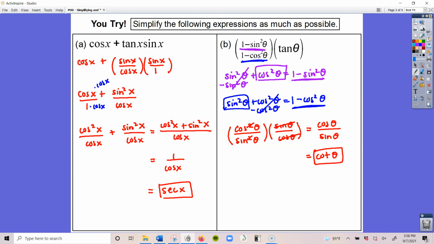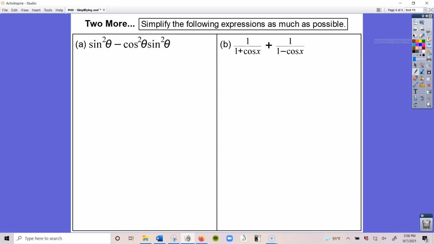Let's look at these last 2 examples. Here we have sine squared minus cosine squared times sine squared. Both of these terms have a sine squared in common, so we can factor out a sine squared. When I do that, I am left with 1 minus cosine squared theta.